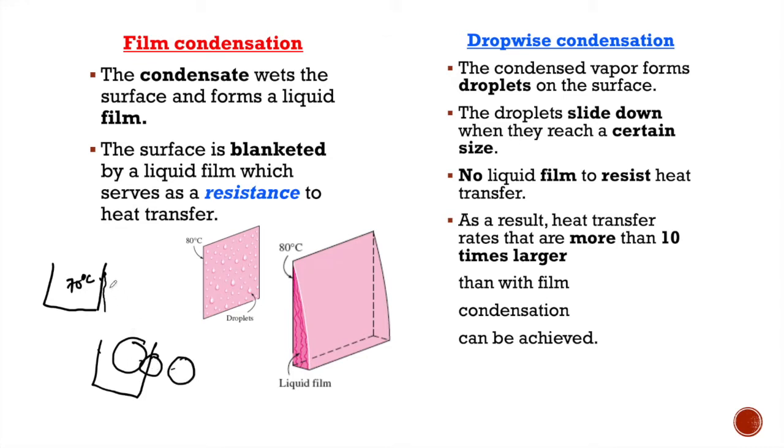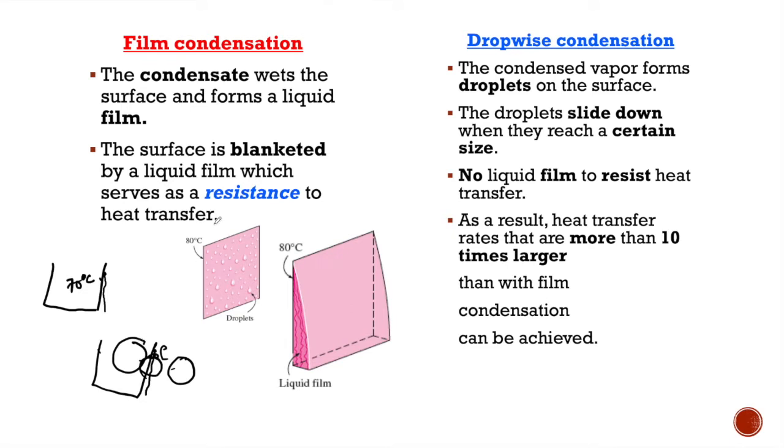But now, since we have a liquid film due to the condensation process, we have another resistance. Originally we have three resistances in our thermal resistance network. With condensation we create another one, therefore we have four resistances in our thermal resistance network.